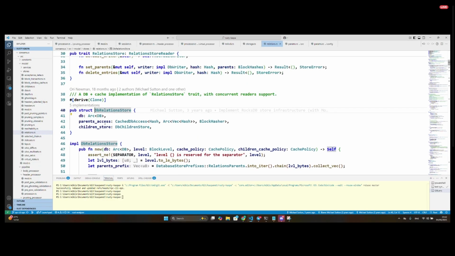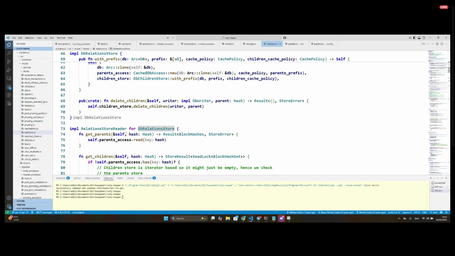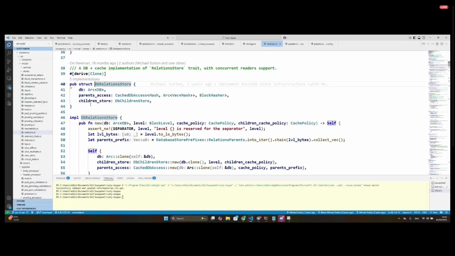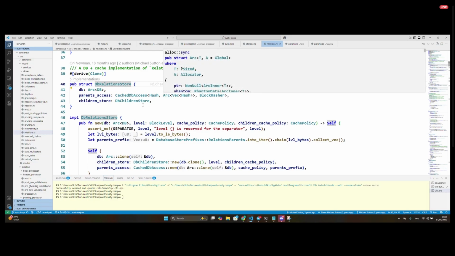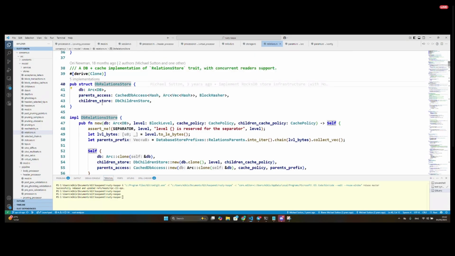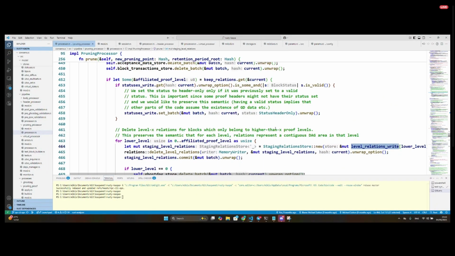Okay. So essentially I wanted to say that the DB relations store has both sides of the relations, also the parents and the children. And children are mostly critical for pruning. No, the direction we walked in the pruning processor, we used the reachability tree children, which are different.